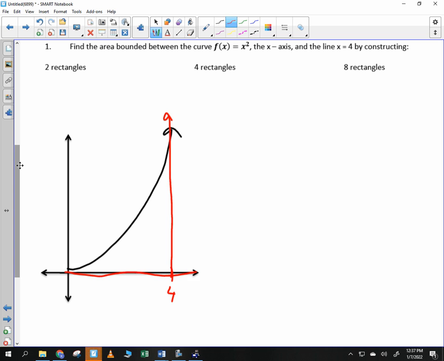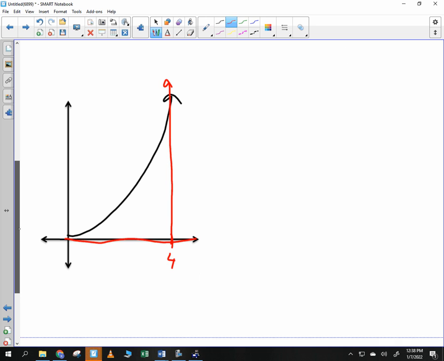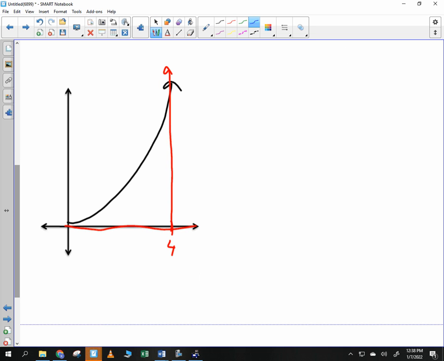So I'm going to estimate this area. I'm going to do it by making two rectangles. If I have two rectangles in this vicinity, what do you think would be the width of each rectangle? 2 units. I'm going to divide this up into two rectangles, so I'm going to divide it right here at 2.